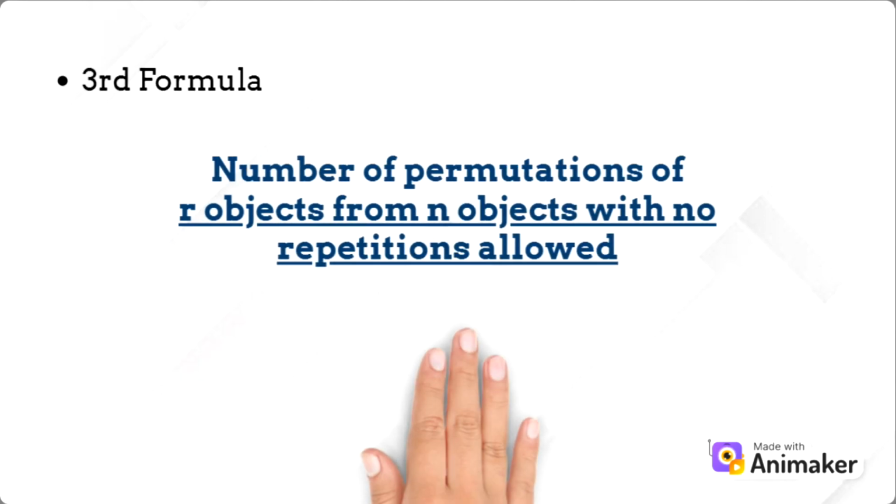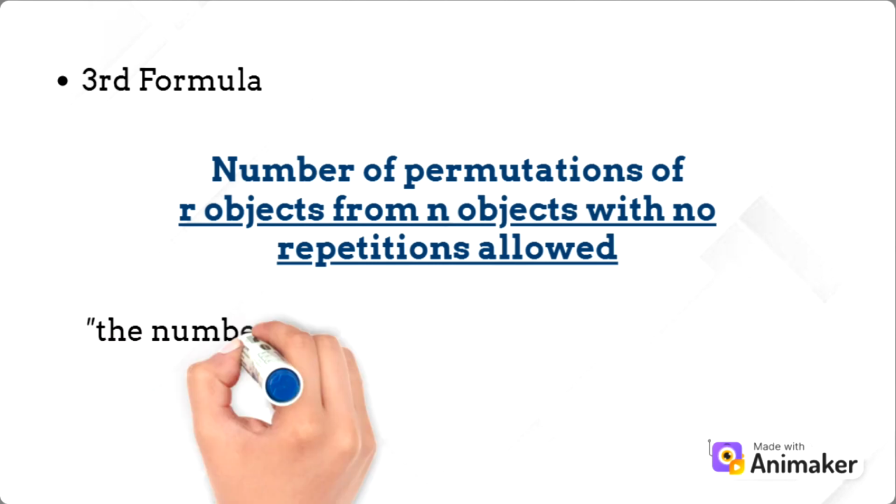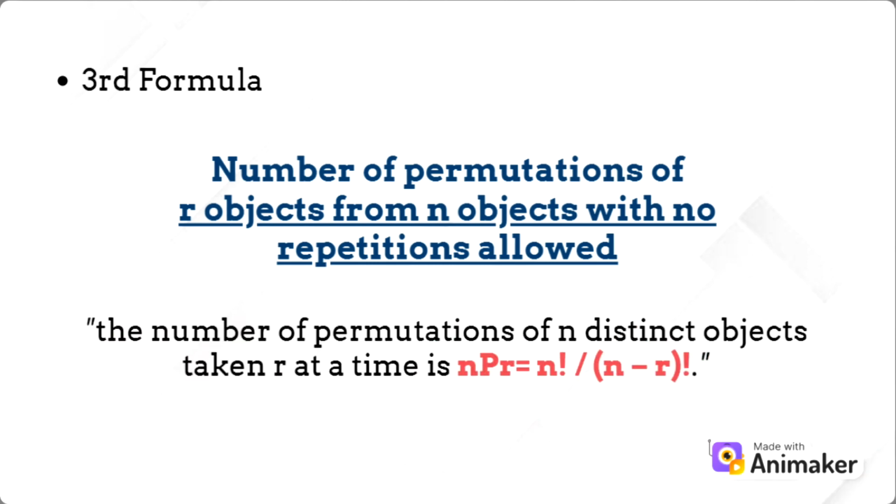The third formula is for calculating the number of permutations of r objects from n objects with no repetitions allowed. The theorem states that the number of permutations of n distinct objects taken r at a time is equal to n factorial over n minus r factorial.